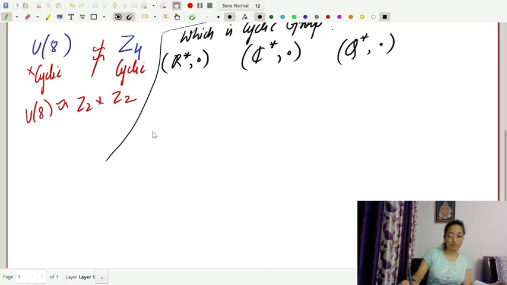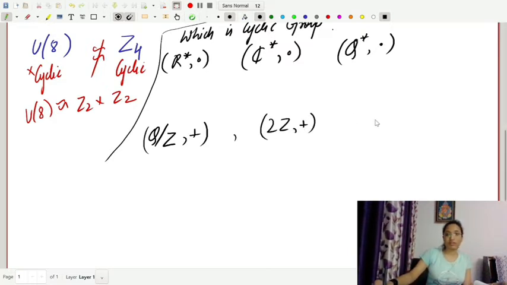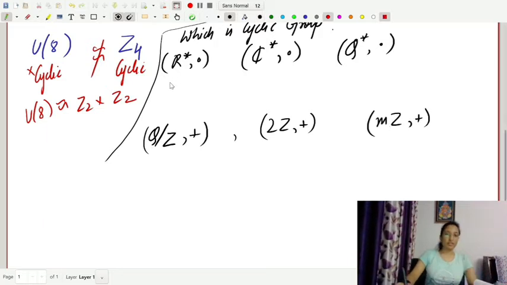Then we will talk about Q modulo Z under addition, 2Z under addition, mZ under addition. In the first case, we have only two elements of finite order, therefore it is not a cyclic group.